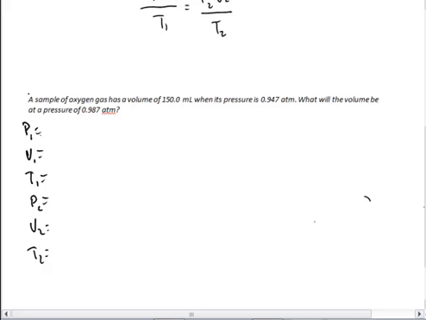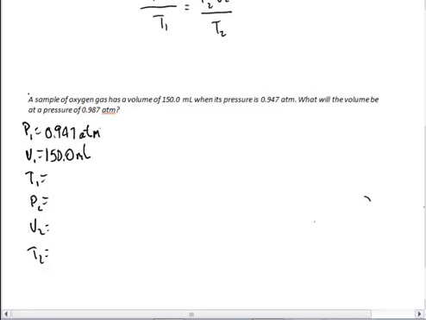Okay, so let's go through here and pull out the numbers. A sample of oxygen gas has a volume of 150.0 milliliters. That's our initial volume. So we have 150.0 milliliters there. When its pressure is 0.947, so that's our P1, atmospheres.